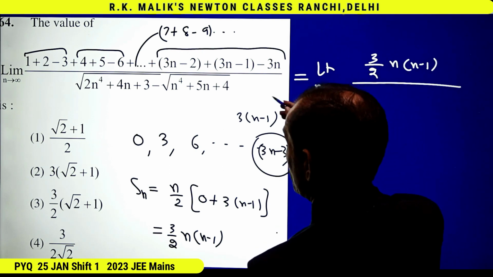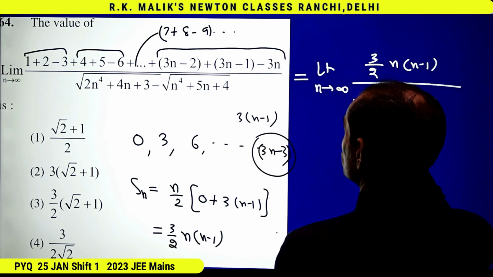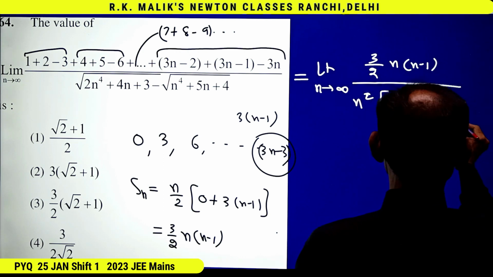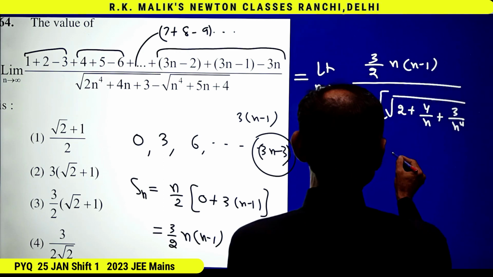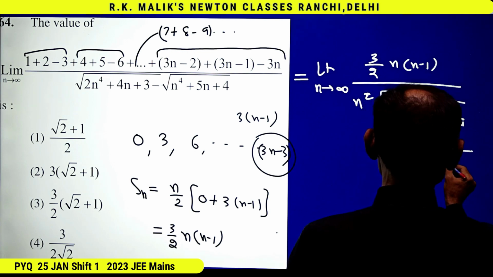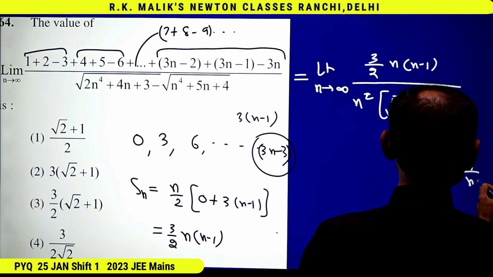minus 1, and taking n square common from the denominator, I get under root 2 plus 4 by n plus 3 by n to the power 4 minus under root 1 plus 5 by n plus 4 by n to the power 4.